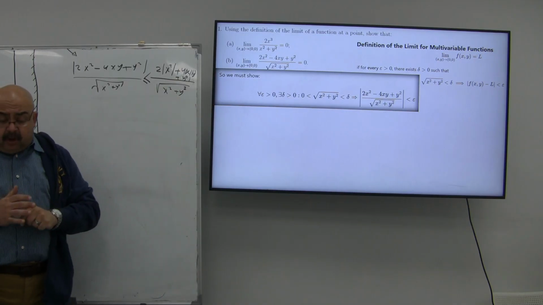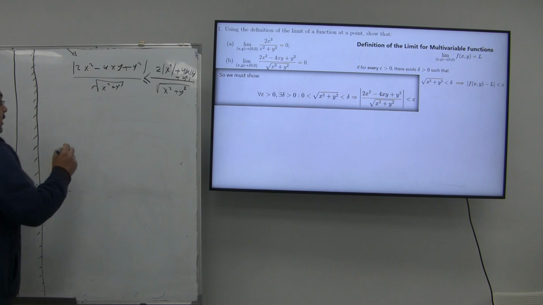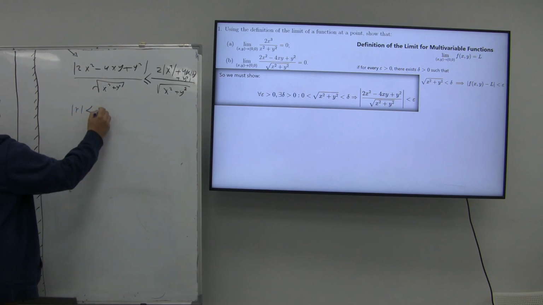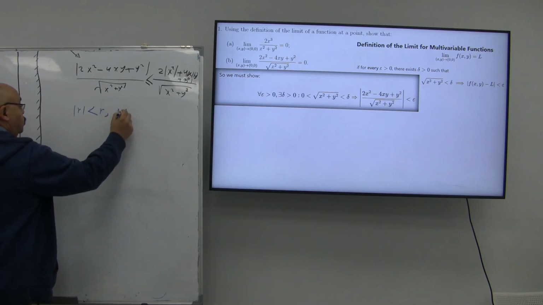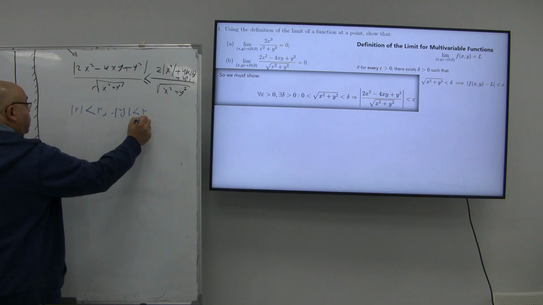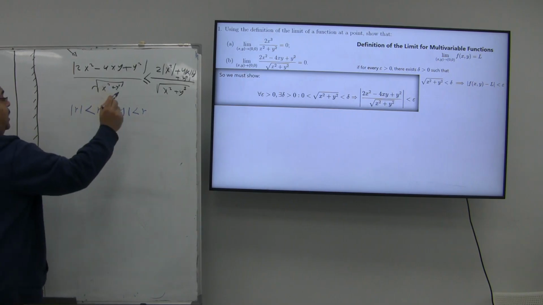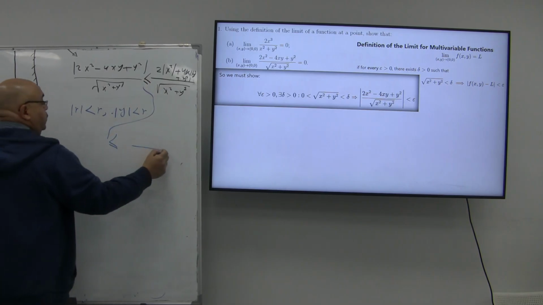But I believe it will also be very nice to move to the r values, considering that you already know that the absolute value of x is less than r, and in a similar manner the absolute value of y is less than r. So, taking advantage of all of this, instead of dealing with this, it's going to be less than or equal to the following.